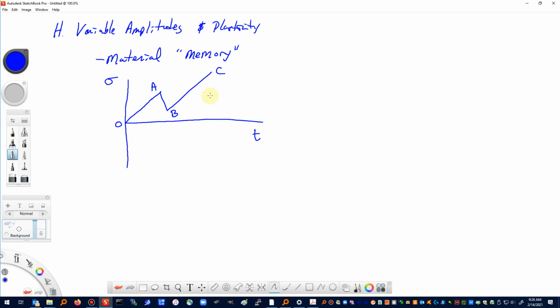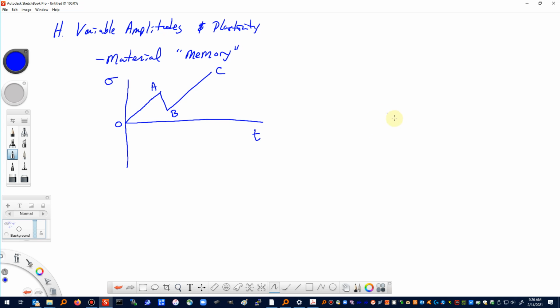It's not necessarily the case in the actual material behavior unless you have a significant amount of plasticity. So just keep in mind that I'm exaggerating the plasticity effects for the most part. And I'll try to point that out as we see some of these examples.